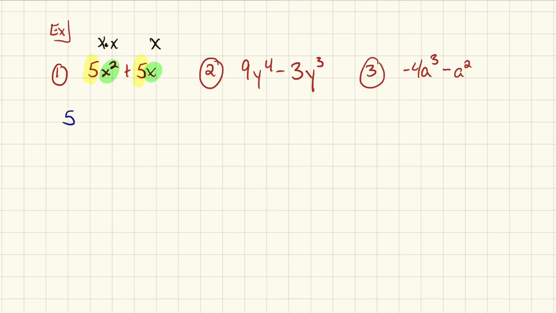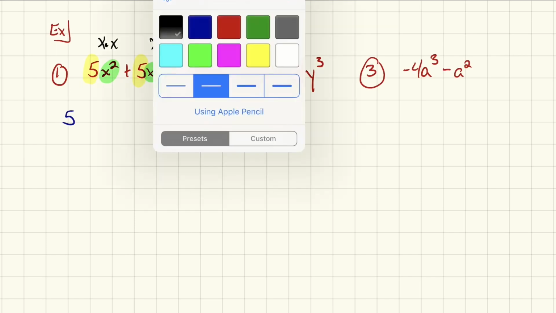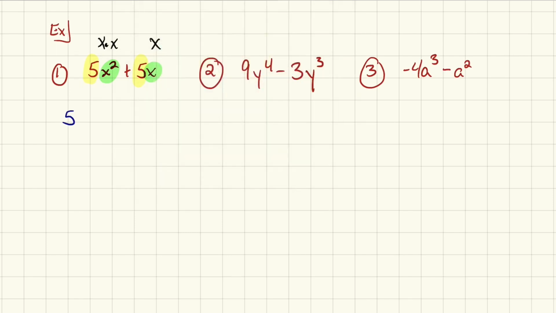Well, the largest thing I can take out of both terms at the same time is an x, because I have one x in the second term, and then there's an x that I can take away in the first term.